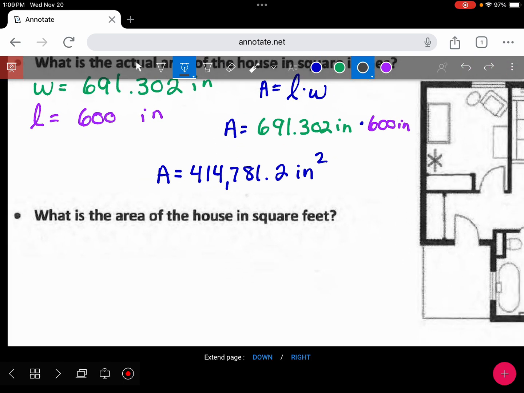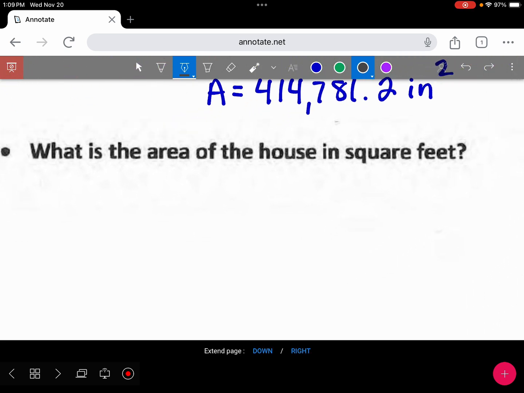All right, so square inches is all well and good, but nobody lists a house for sale in square inches. How could I switch this to be feet? So we know we've got 414,781.2 inches squared.